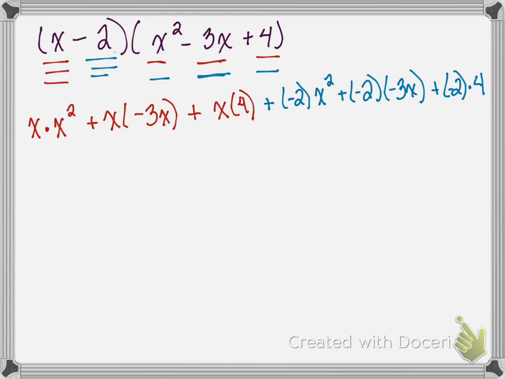So here we go. I have x times x squared. It's going to be x to the third. X times negative 3x, minus 3x squared, x times 4.